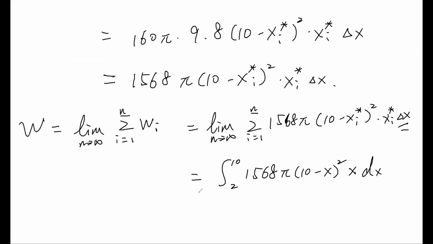Then once you plug in everything, you get this integral. I don't have time for the details, but if you first simplify it and then use the formula, you get approximately 3.4 times 10 to the 6 joules. We use joules here because we use force, the Newton, multiplied by meter.